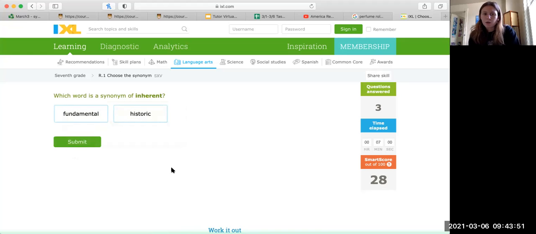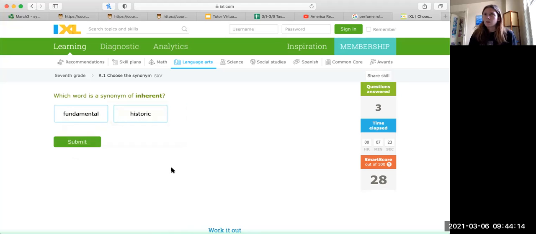Okay, the next word is inherent. We could think about inherent as meaning something sort of like within. I again don't want to use the word that I think is the closest synonym, because it is on here. So let's try and make a sentence.